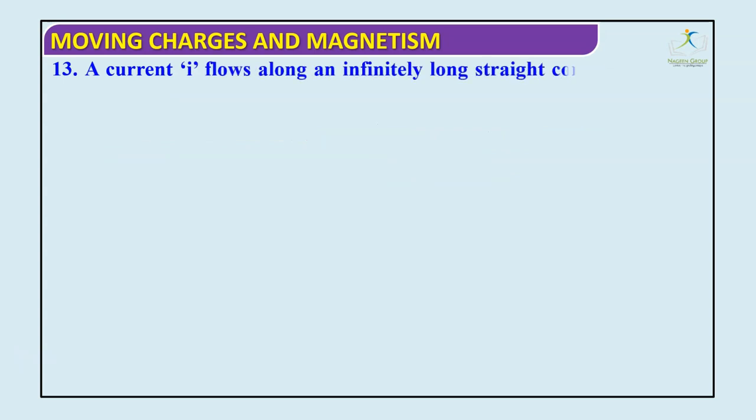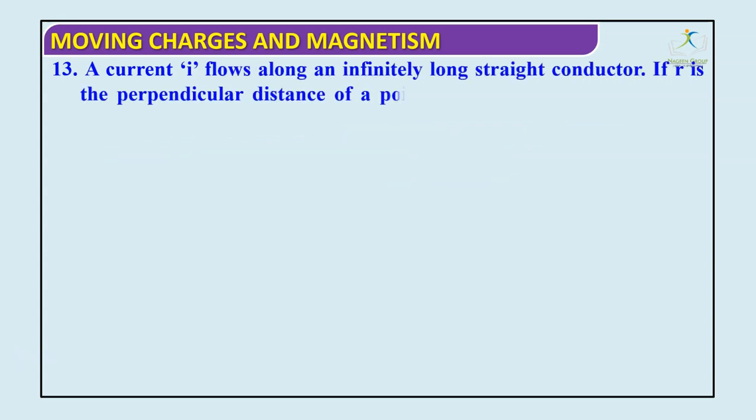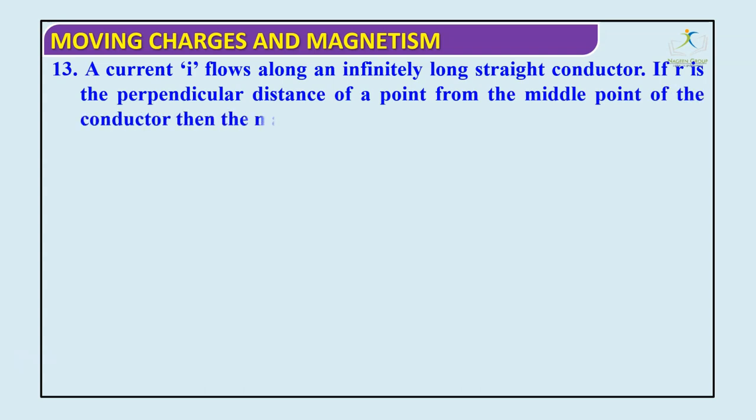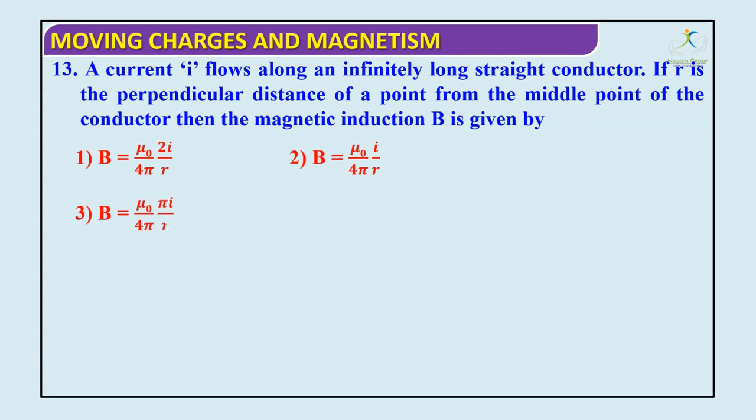Next, a current I flows along an infinitely long straight conductor. If R is the perpendicular distance of the point from the middle of the conductor, then the magnetic induction B is given by. We have these formulas.